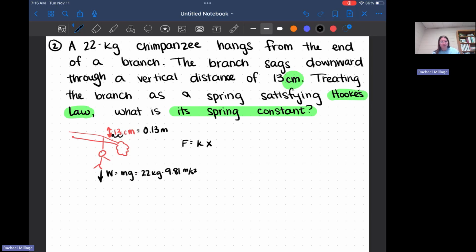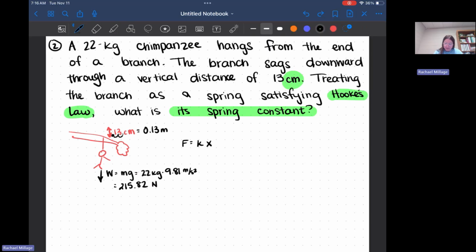So my total force, I'm going to plug this into my calculator. 22 times 9.81 is going to be equal to 215.82 newtons. But looking at my problem, 2 sig figs. I'm going to keep all of this for now, but I know I'm going to change my final answer to be 2 sig figs.